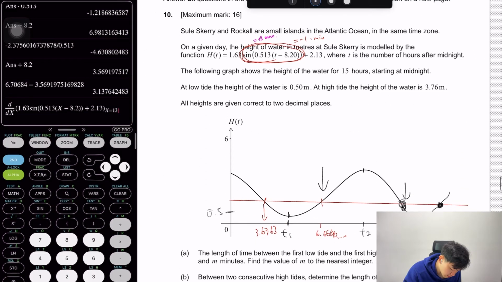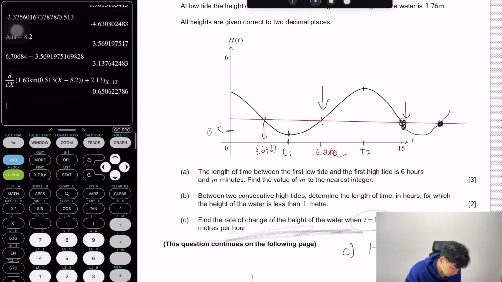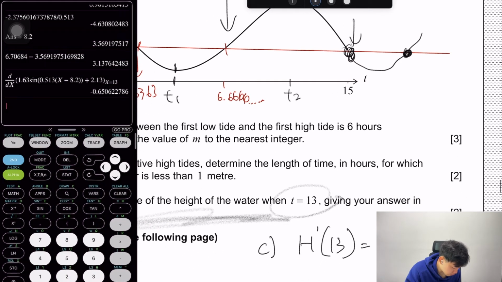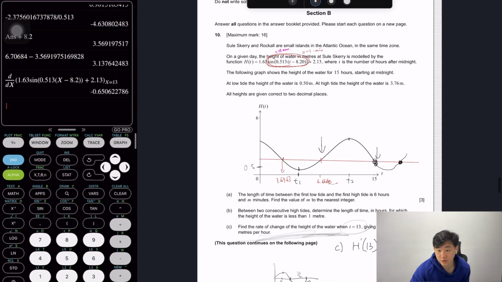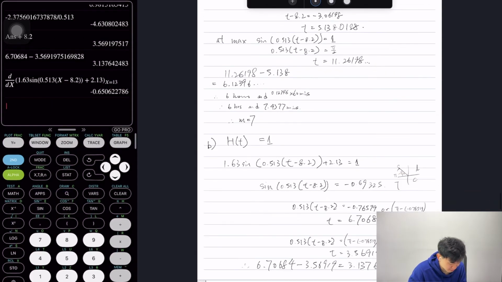So we can then have the answer as negative 0.6506.